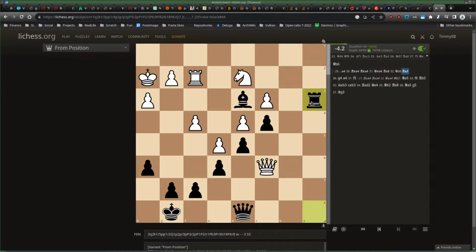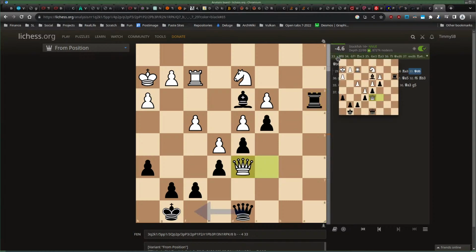Attack the c pawn. Attacks the rook and the queen. And we want to stay on the bottom file, I suppose, maybe? No.